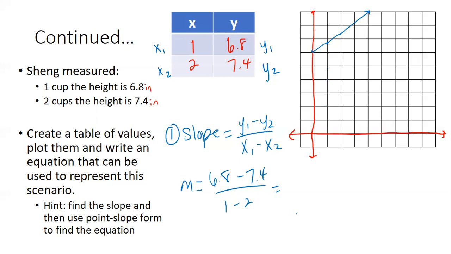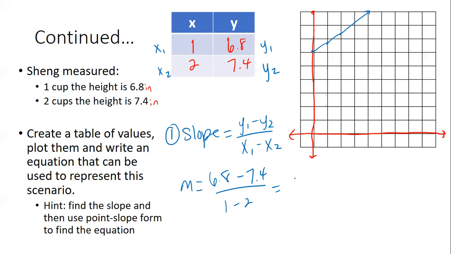If you owe me $7.40 and you give me $6.80, how much do you still owe me? So 6.8 minus 7.4. Oh, sorry. 6.8 minus 7.4.